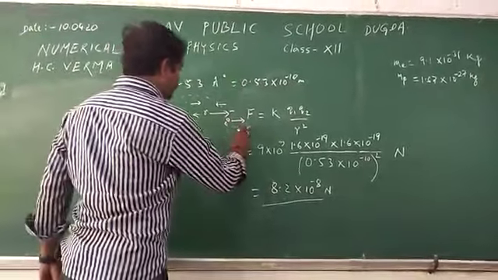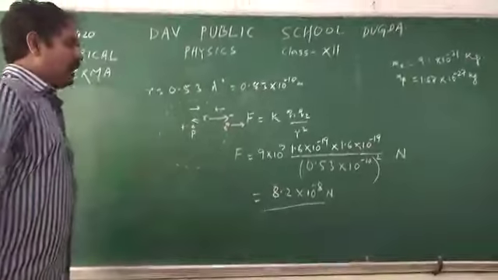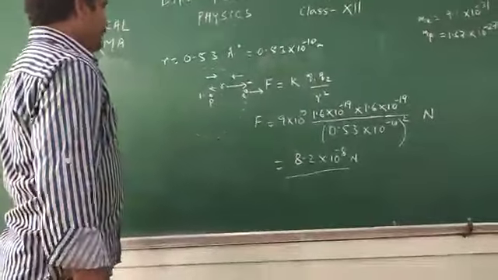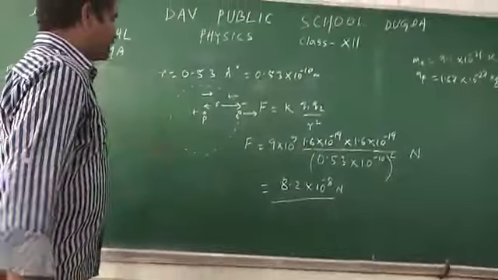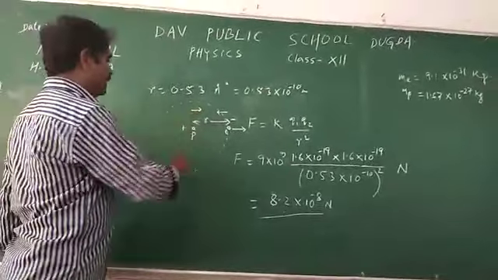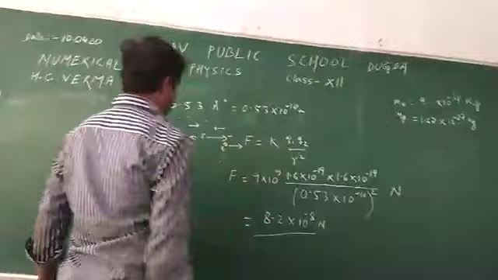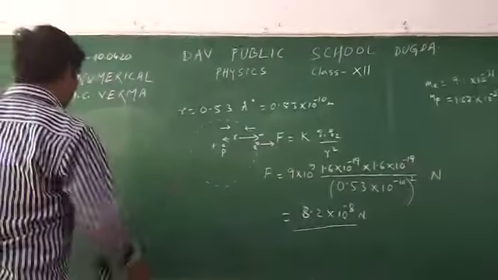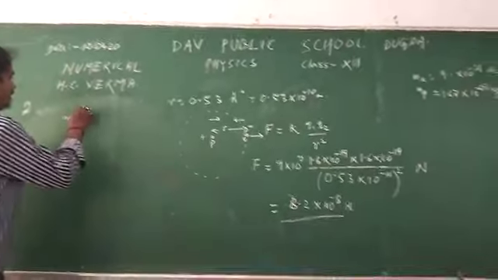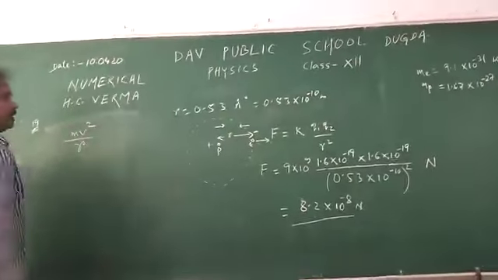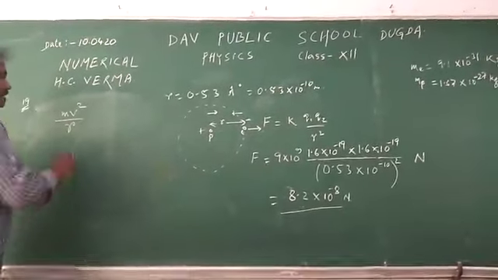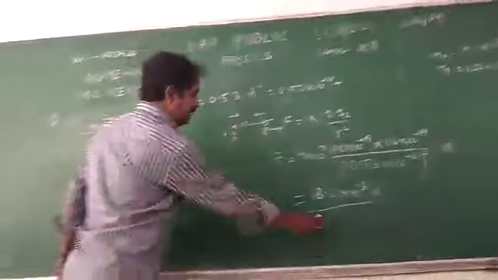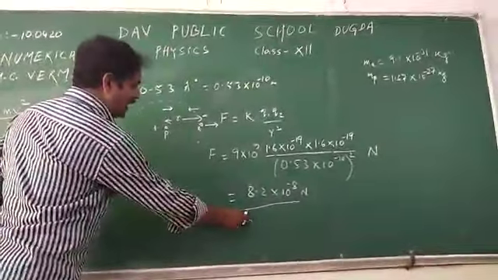As we learned in class 11, when a mass m moves in a circular orbit, it experiences a centrifugal force away from the center, and its value is mv square by r. This centrifugal force counters the electrostatic attractive force.